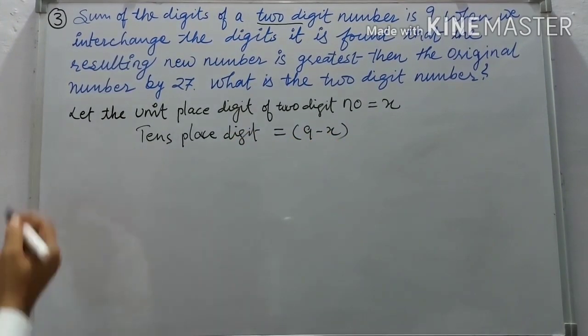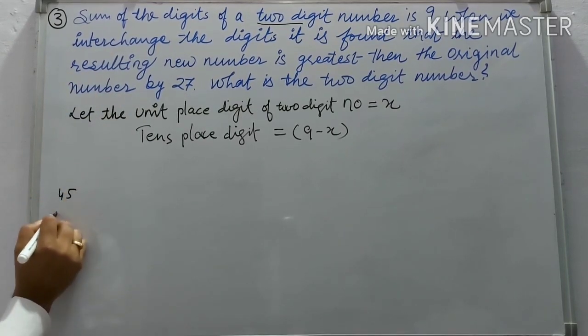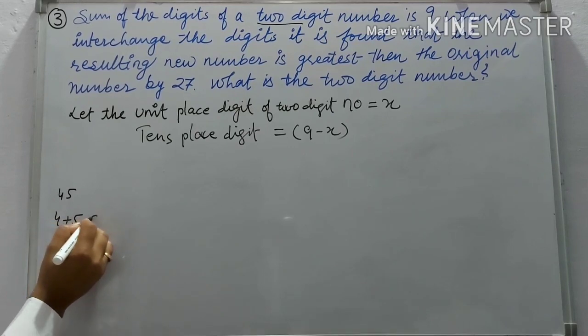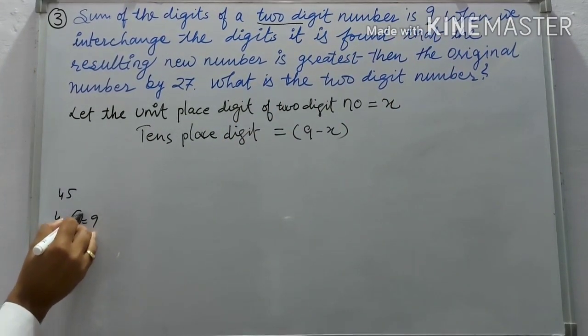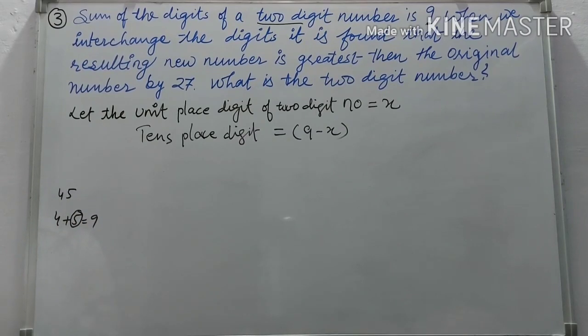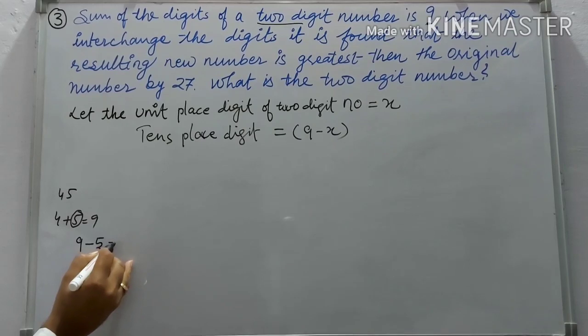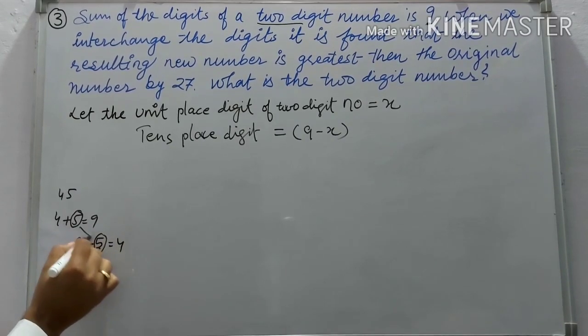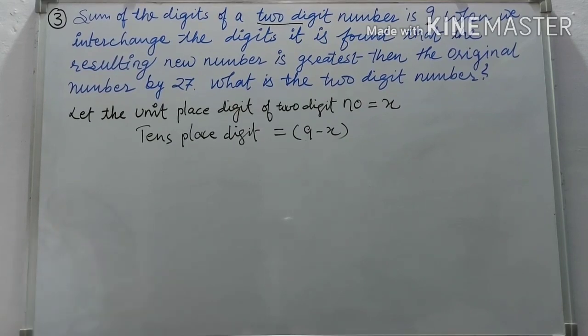Why? Because the sum of the two digits is 9. Suppose the number is 45, then 4 plus 5 is equal to 9. Suppose 5 is the unit place digit, then 9 minus 5 is equal to 4. The 5 is the value of x, and 9 minus x is the tens digit.